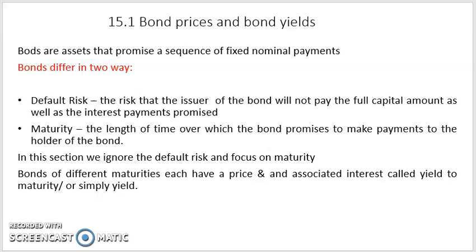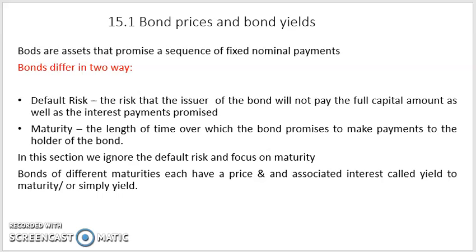The second one is maturity. That is the length of time over which a bond promises to make payments to holders of the bond. In this section, we shall leave risk aside and focus on maturity.